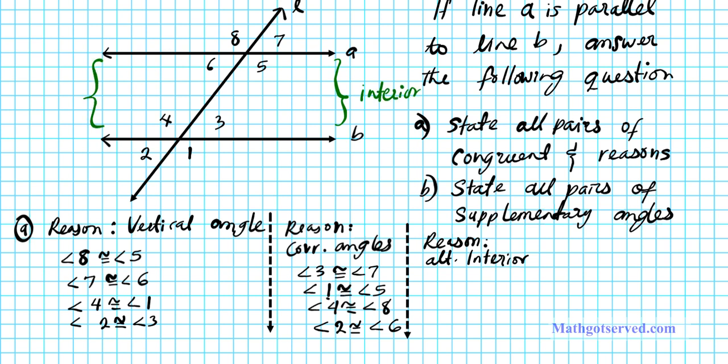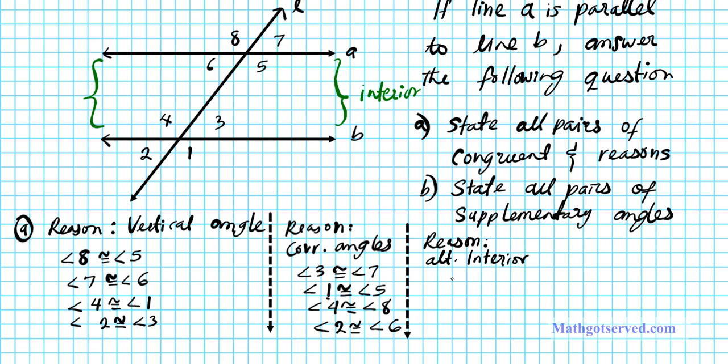So what are the angles on the interior? 3, 4, 5, 6. They're the interior angles. Angles on opposite sides of the transversal are going to be your alternate interior angles. So let's go ahead and identify them.